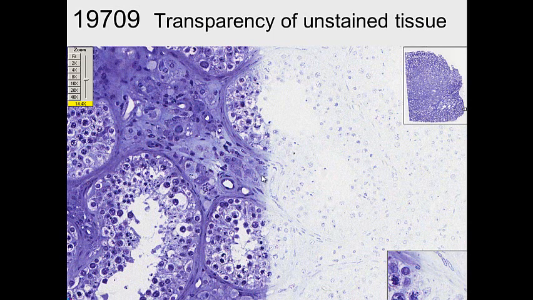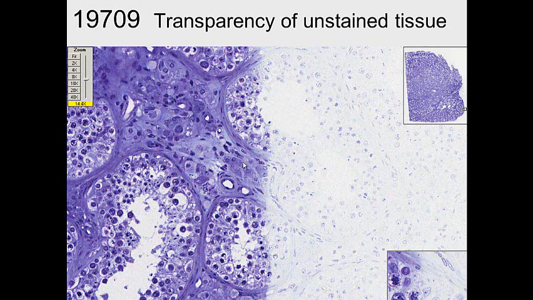Now, just to illustrate the fact that tissue is transparent, and you have to stain it. The reason you stain it is to stain it differentially, so you can see some different components in there. But as a rule, tissue, if it's not stained, is transparent. For example, we're looking through the cornea of our eye, and if it wasn't transparent, we wouldn't be able to see through it.